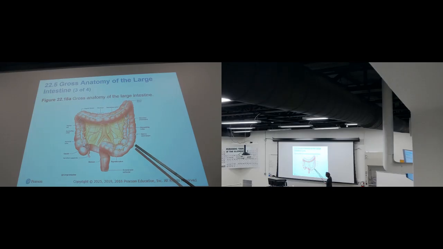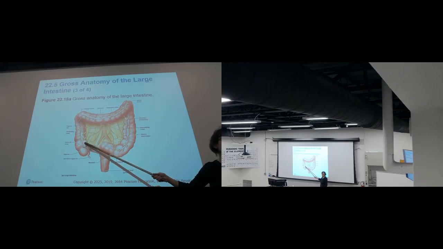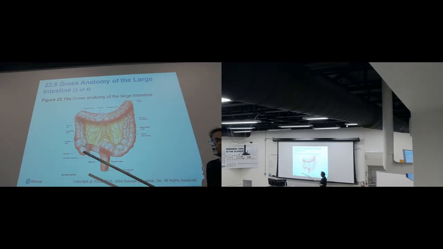Now, the large intestine is called large because it has a greater width than the small intestine. And that greater width helps to provide partial storage, so undigested food can be temporarily stored in here before elimination. And then in the mucosa of the large intestine, we have multiple types of bacteria.